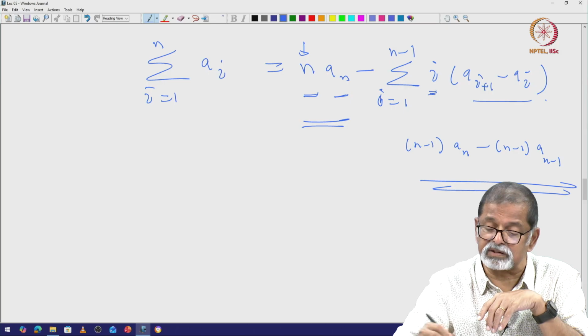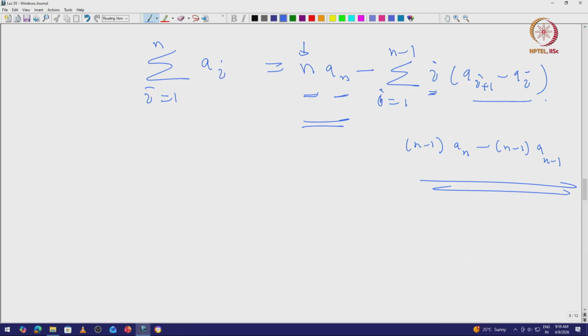This will be the n minus 1th term. N minus 1 will multiply these two terms. So, this is what is subtracted. This is what is subtracted. So, you have n a_n, from that n minus 1 a_n's are subtracted out. Finally, you are left with only one a_n.